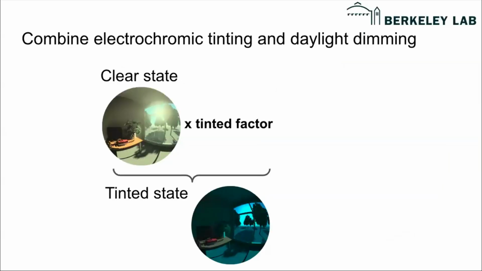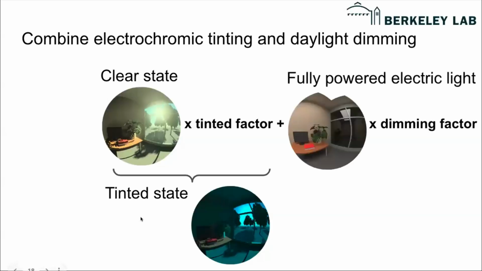So how will you combine the electrochromic tinting with daylight dimming? Here, we have the clear state, 60% electrochromic tinting. If I want the tinted states in between 60% and 1%, supposedly if I multiply the clear state by a tinted factor, it should give me the 1% or whatever percent in the middle that I want.